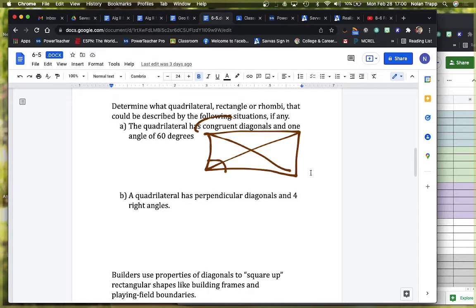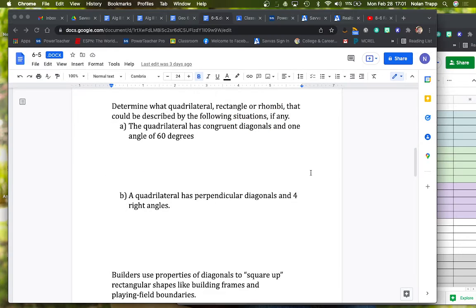Well, if it has congruent diagonals, I know immediately it's a rectangle. And I'm going to assume, even though I wrote this, I forgot, that it's saying this angle is 60 degrees, which would mean this is 30, which means this is not bisected, so it cannot be a rhombus. But the congruent diagonals tell me immediately it has to be a rectangle.